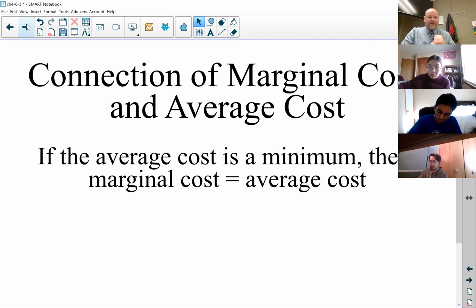So if we needed to find the minimum average cost, rather than taking average cost and taking its derivative, which you still could do, and setting the derivative of average cost equal to 0, you can take average cost, set it equal to marginal cost or the derivative of the cost function, and solve for X. And you will get your minimum average cost.